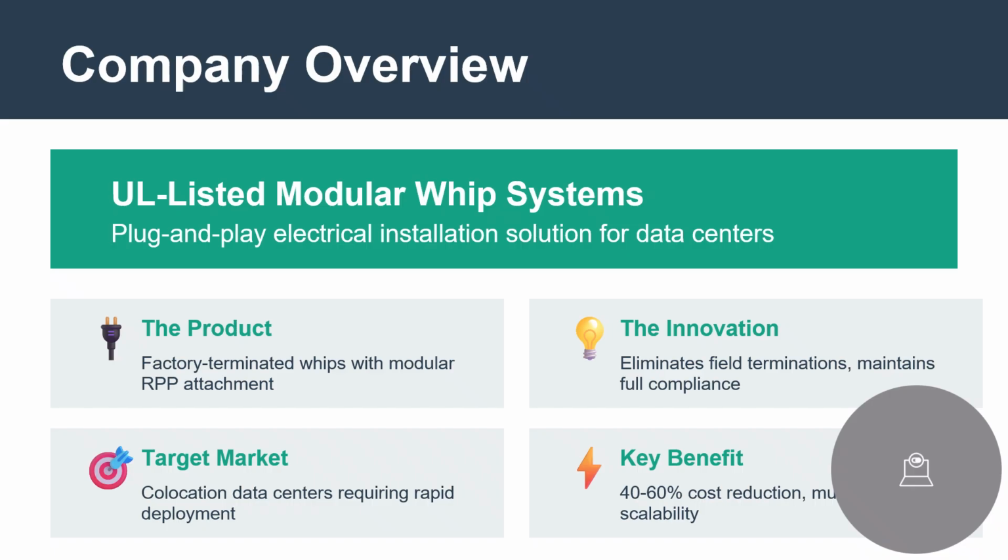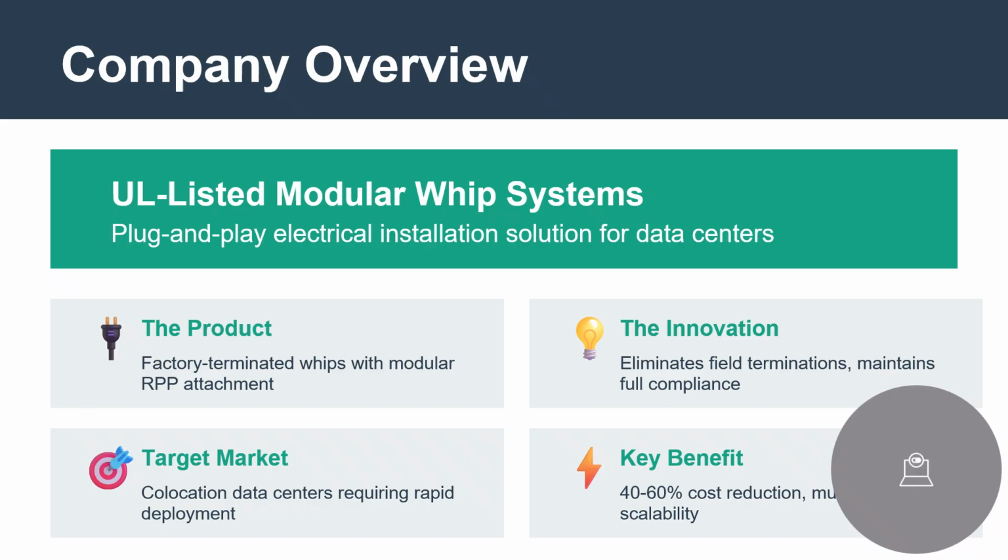For place or distribution, we're using a multi-channel approach: direct sales to large operators, partnerships with electrical distributors, and relationships with data center construction firms. And for promotion, we're focused on technical demonstrations, trade shows like Data Center World, and industry publications where our target buyers consume information.